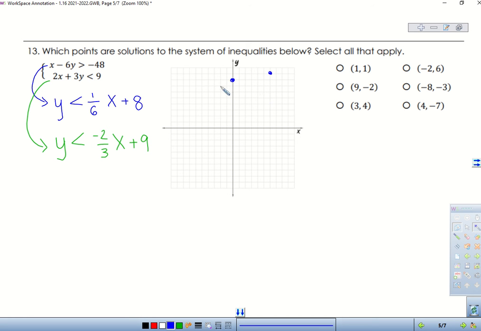Down 1 over 6. Now we're going to connect the lines with a dashed line because of the type of inequality. And now we're going to shade below because it is less than, right?